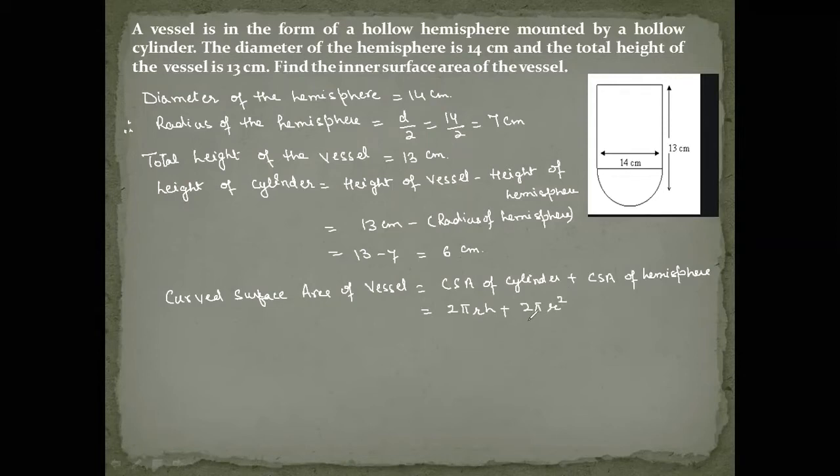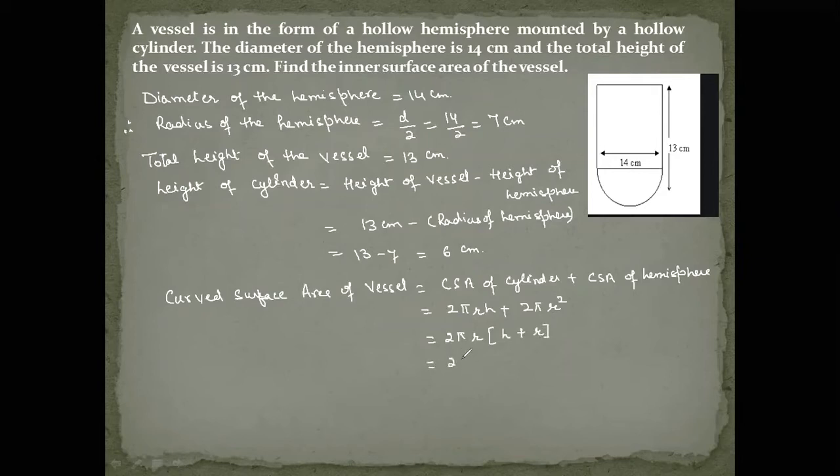Now we can take common here 2 pi. Here r will be same because it is having a common radius for the cylinder and the hemisphere. So r can be taken out, and here h, that is the height of the cylinder plus radius of the hemisphere.